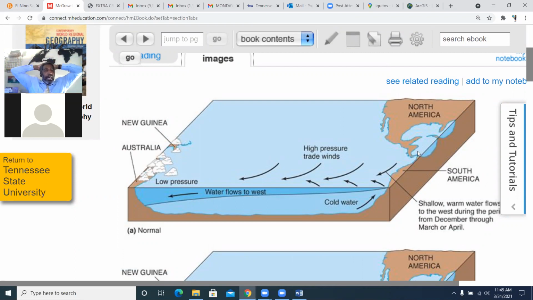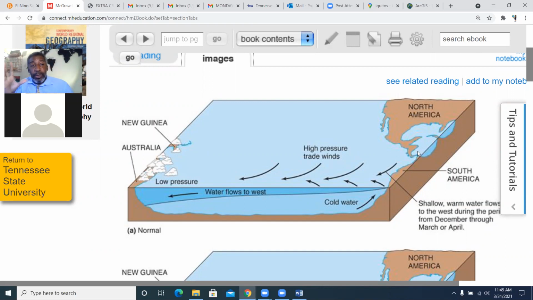Well, the Pacific Ocean by itself is half of the world's ocean area. So just the Pacific Ocean is 50% of the world's ocean area, and the world is covered 70% by water. So if the Pacific Ocean is 50% of the world's ocean area, and the entire world is covered 70% by water, any major change in the Pacific Ocean is going to have global implications.